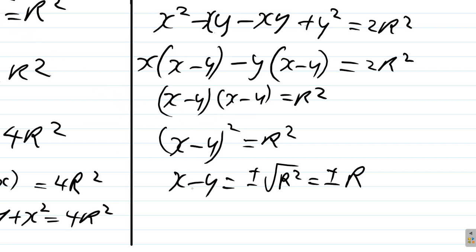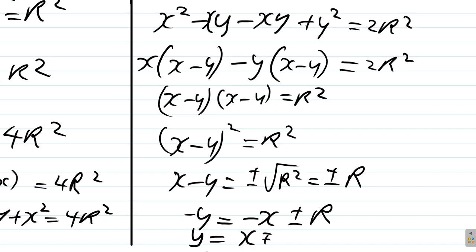So here now, negative y is equal to negative x plus or minus r. Or if you multiply both sides by negative 1, you get y is equal to x minus and plus r. But same thing as saying plus or minus r. Alright? So y is x plus r and x minus r.